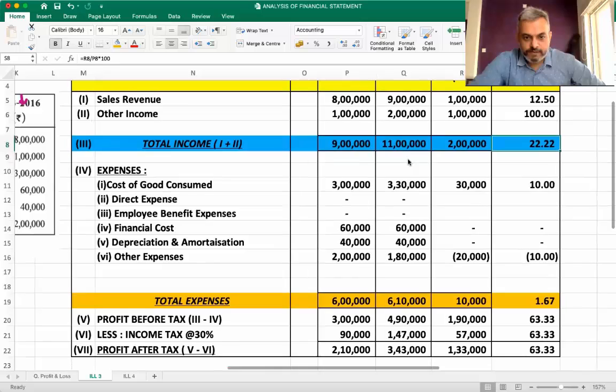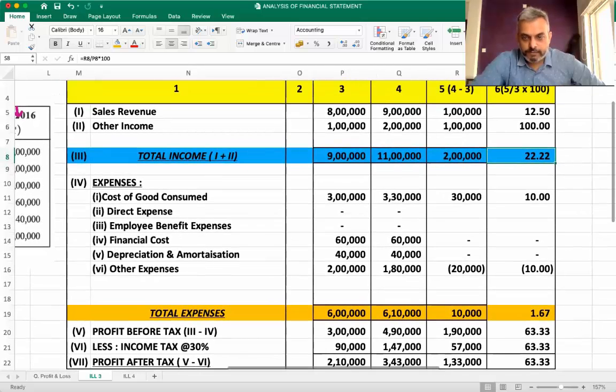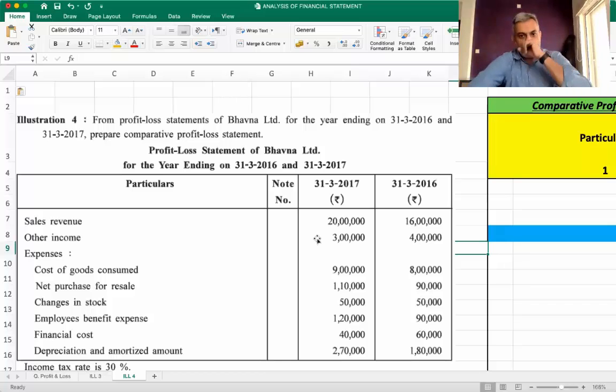Check it out, see if you have any doubts. Now, question number 4 is similar to the previous question, that's illustration 3. From the profit and loss statement of Bhavna for the year ending 31/3/2016 and 31/3/2017, prepare a comparative profit and loss statement.